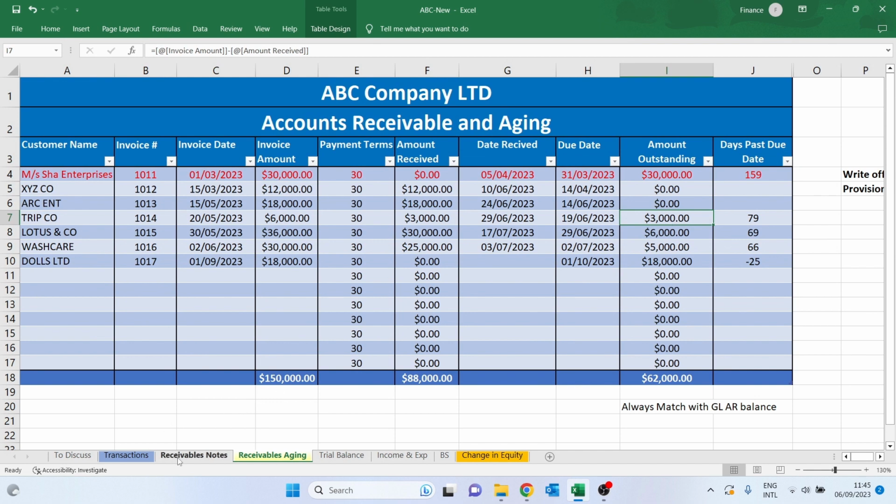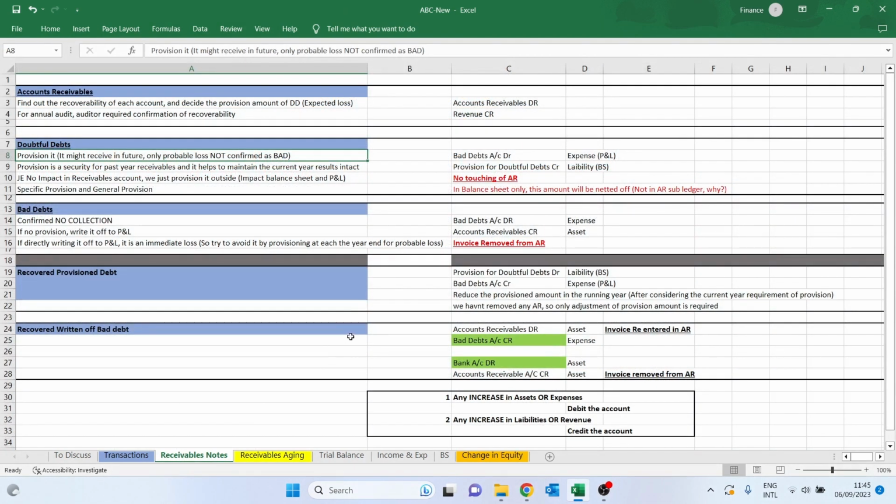So what will be the entry? This 3000 we are booking as a loss in the current year, so we will debit the bad debts account. A bad debts account needs to be created in profit and loss for this purpose, debited with 3000.